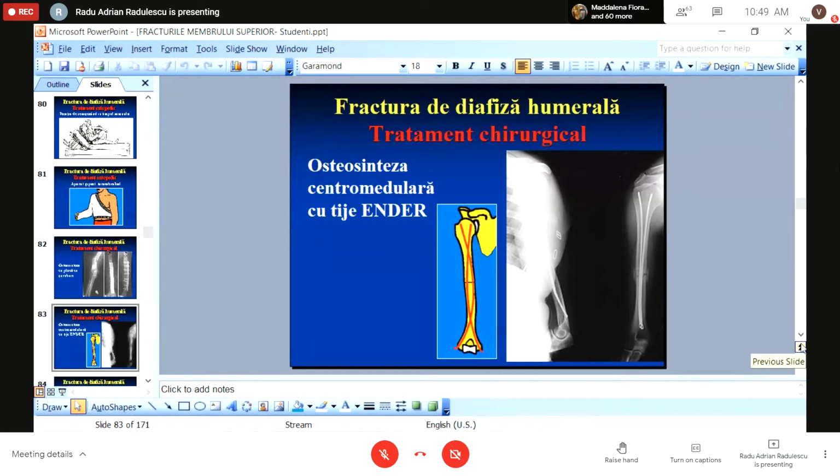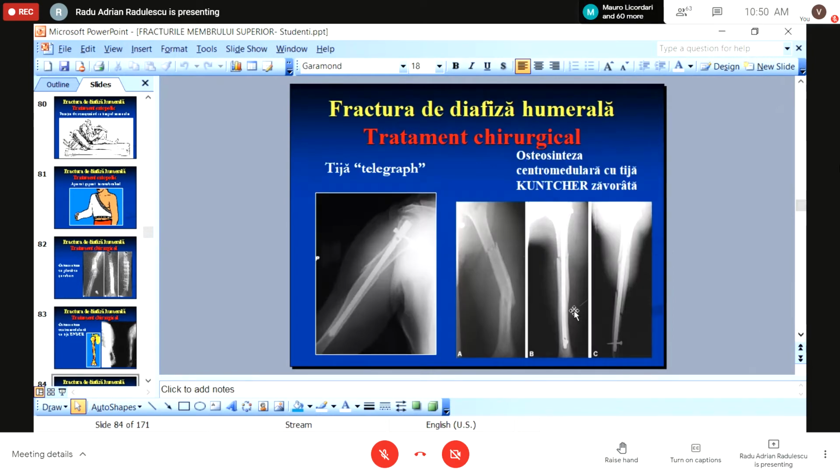So knowing that the function of the nerve is reversible in 85% of the cases, we usually prefer not to go into the fracture site, but to achieve a closed reduction by external maneuvers, and then an intramedullary fixation by using Ender nails, like you can see in this slide, or using an intramedullary rod, which will be locked in the proximal fragment and also in the distal fragment.